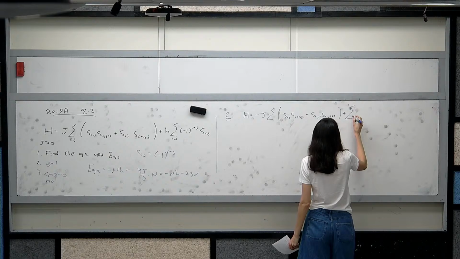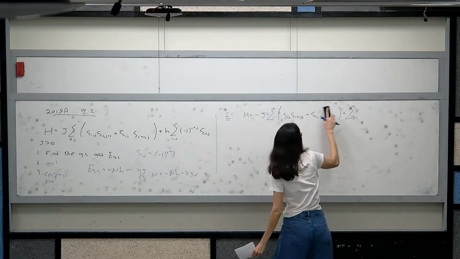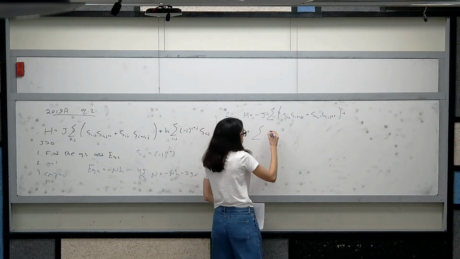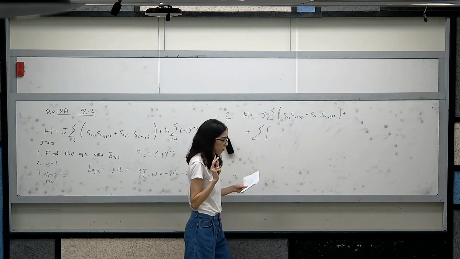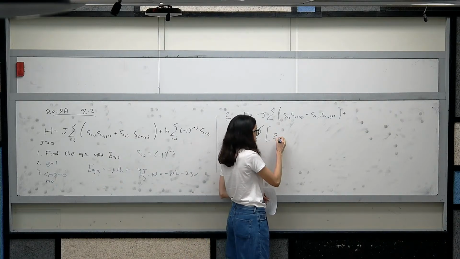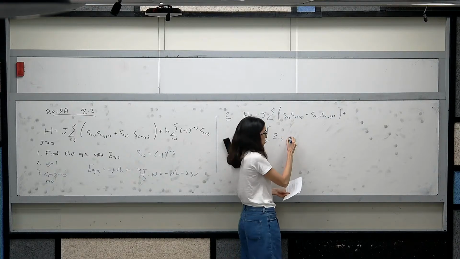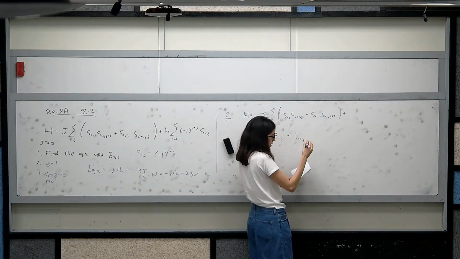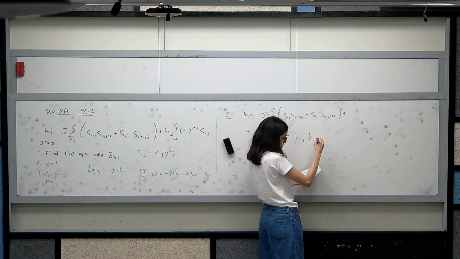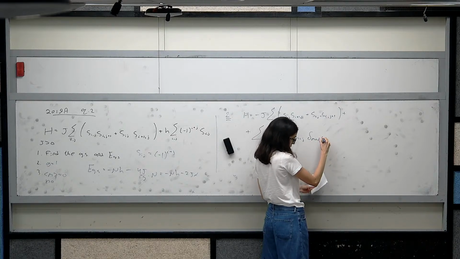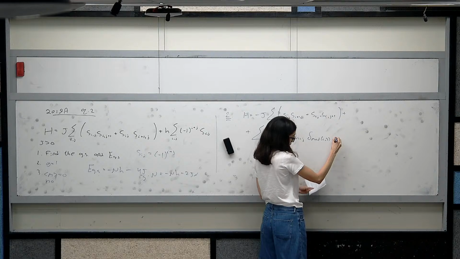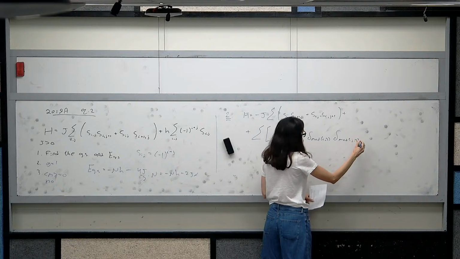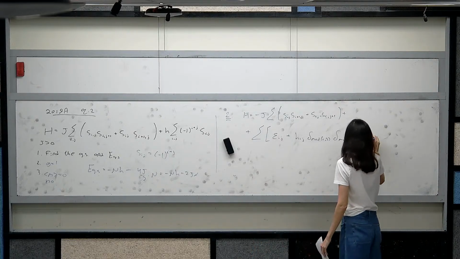Plus the sum of the two terms for the magnetic field. The first one is epsilon_ij, that we're going to write in a second what it is, and h_ij, that is multiplied by a delta function of i modulo 3 and a delta function of j modulo 3. And all of that, of course, multiplied by S_ij.